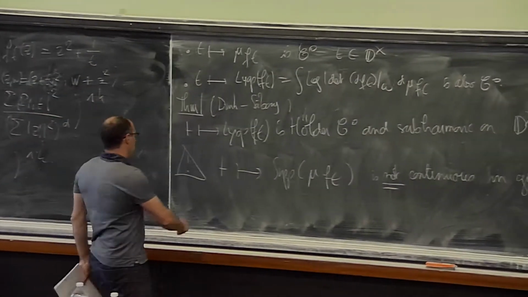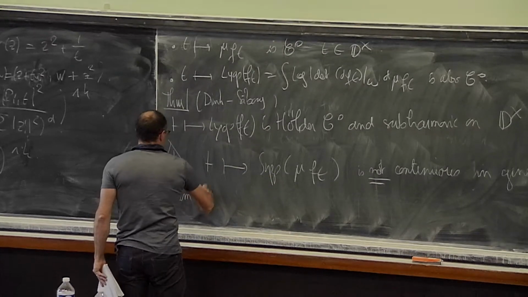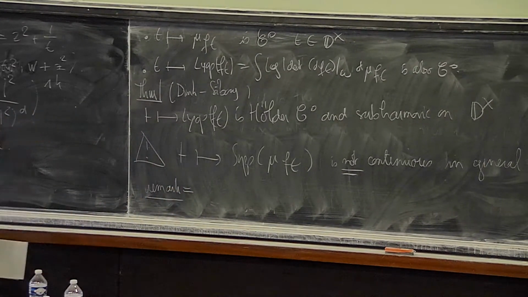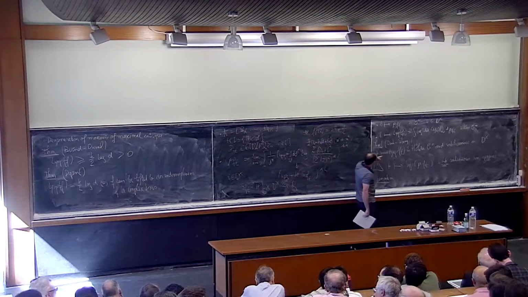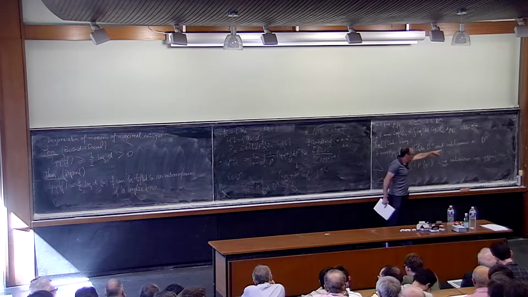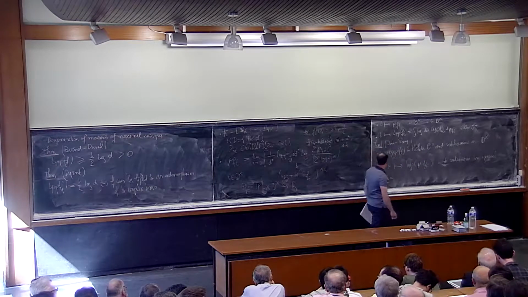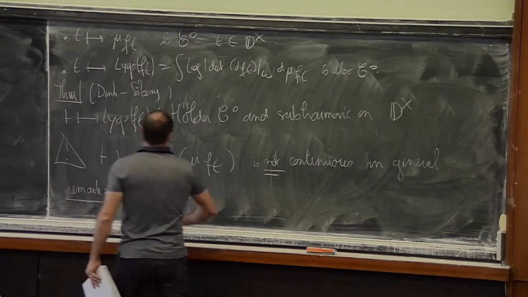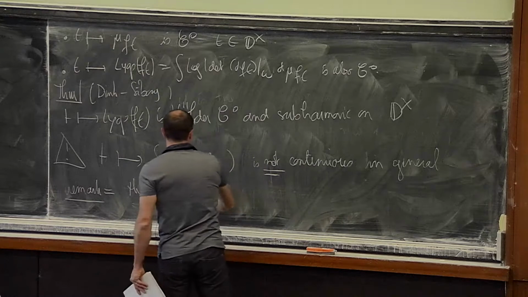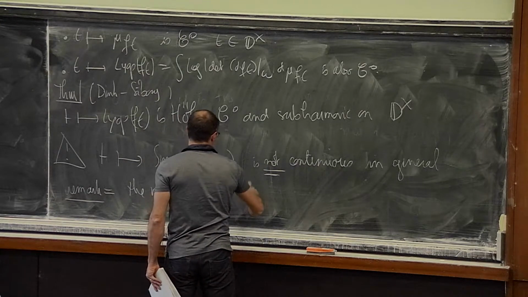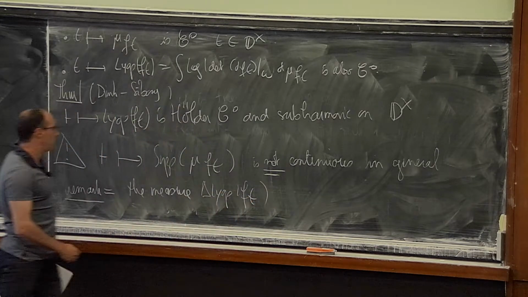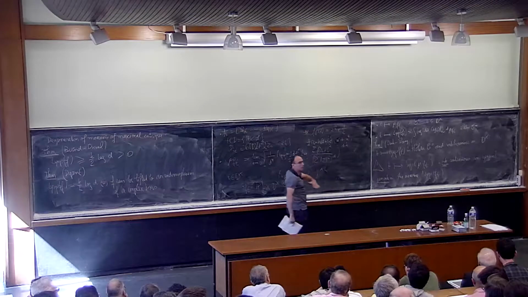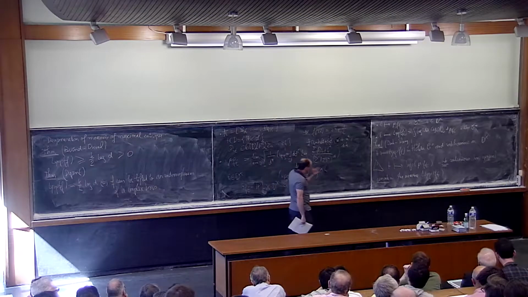The second remark, which I'm not going to emphasize too much, is that when you look at the Lyapunov exponent, since you know that it's subharmonic, it's natural to look at the measure which is the Laplacian of this function, the dd^c of this function. Now it lives on this set of parameters, on D or on D star.